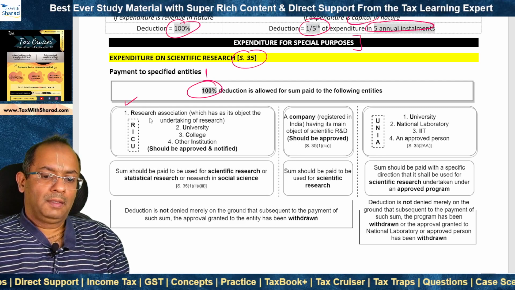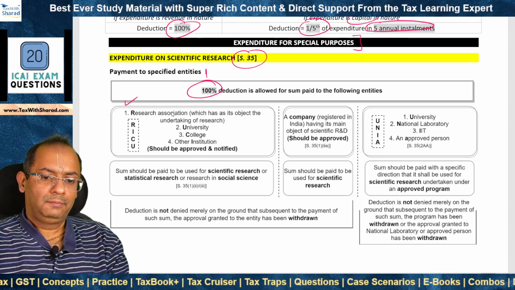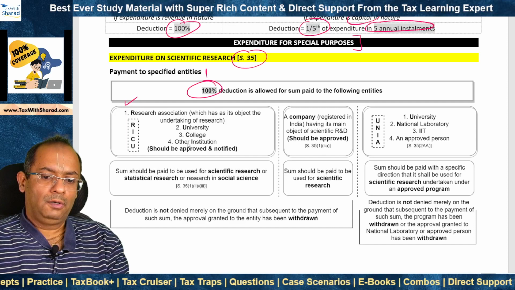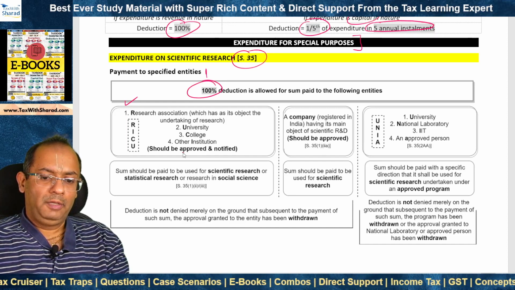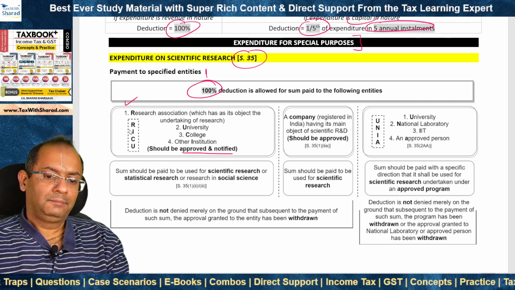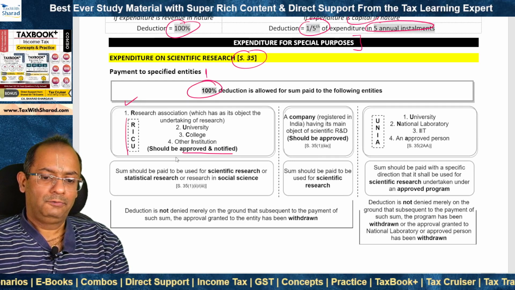First, if the sum is paid either to a research association or university or college or other institution, and these entities should be approved and notified. You can use the mnemonic RICU for the sake of better learning.